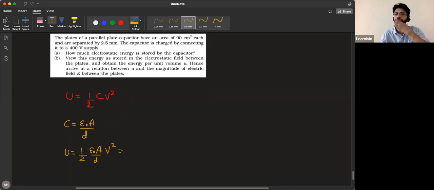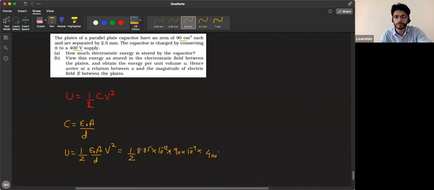Now you can substitute the values. It's half, epsilon naught is 8.85 into 10 raised to the power minus 12, into area of the plate, that's 90 centimeters square, so it's 90 into 10 raised to the power minus 4. V, voltage is 400 volt.